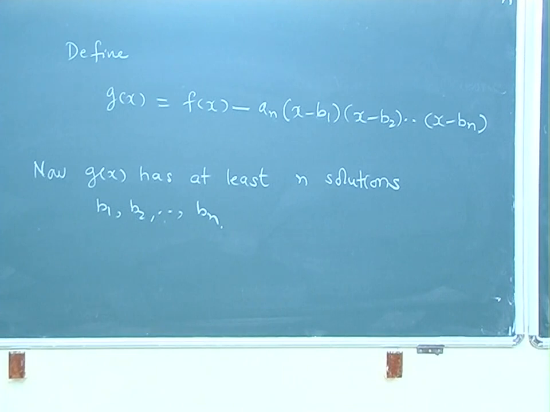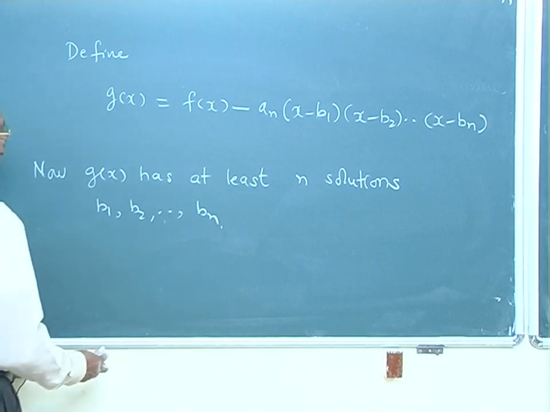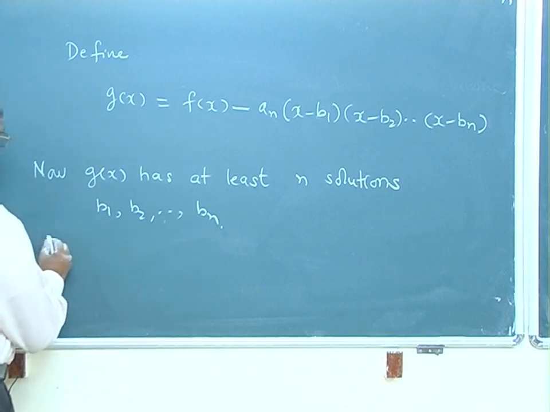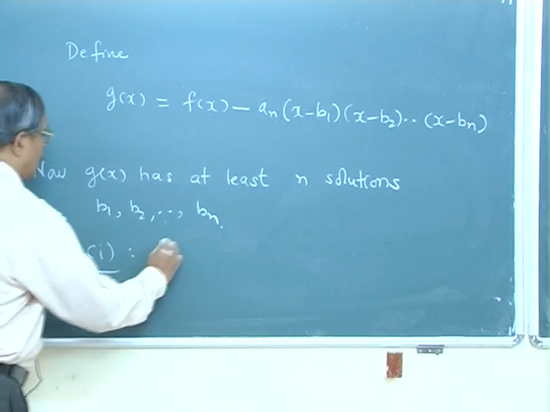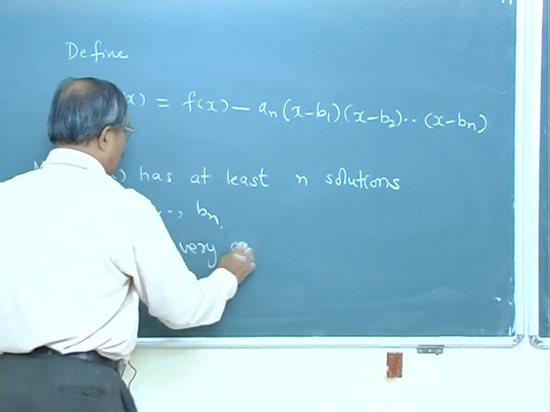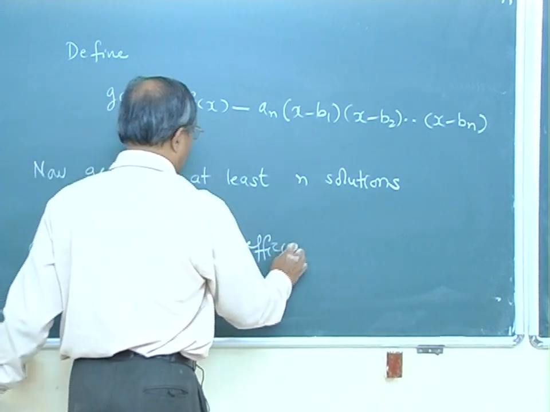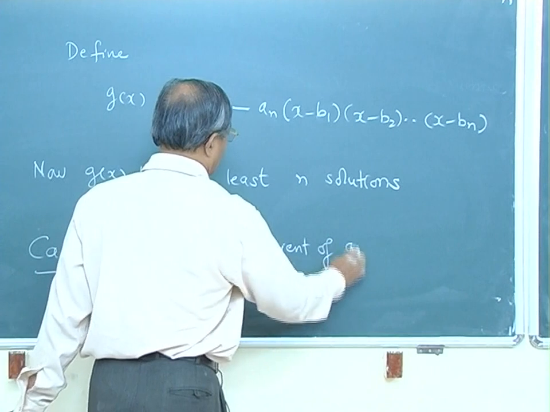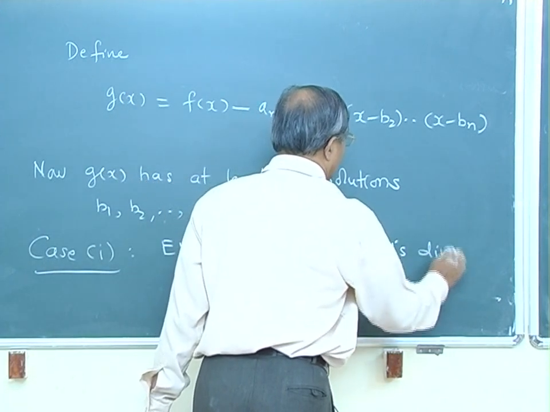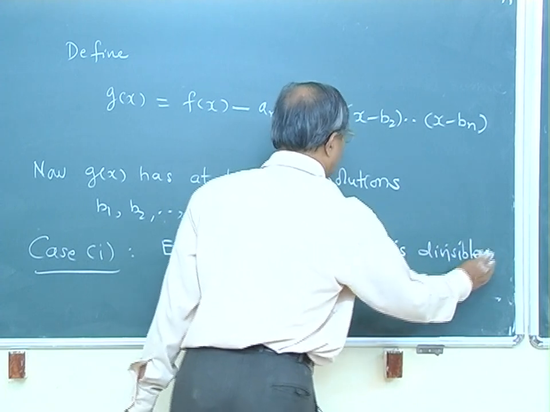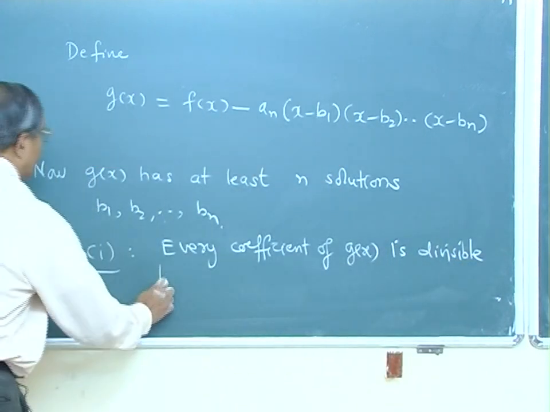It is possible that every coefficient of g(x) is divisible by p. So case 1: every coefficient of g(x) is divisible by p.